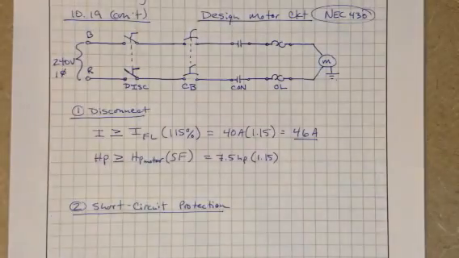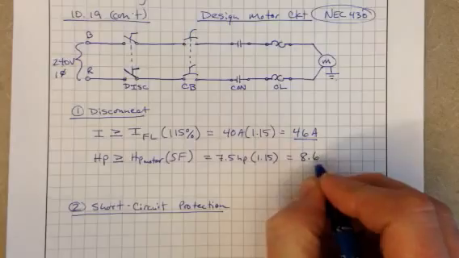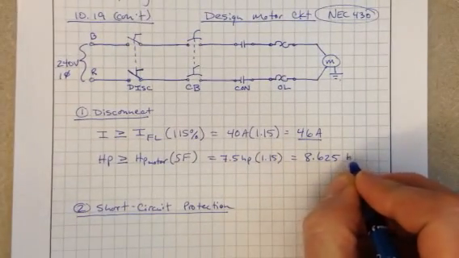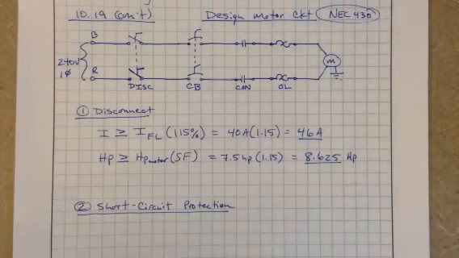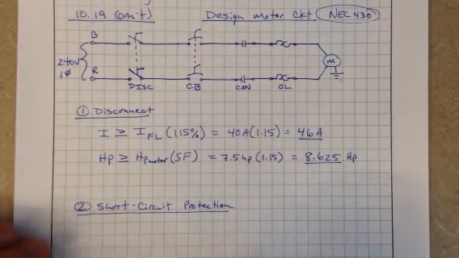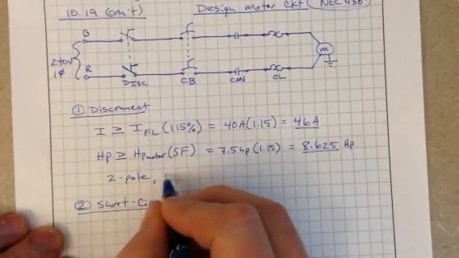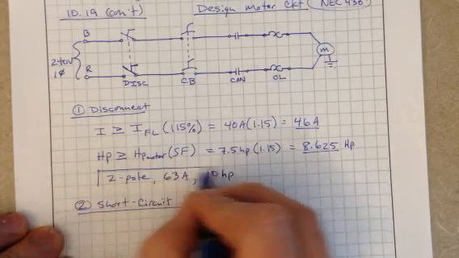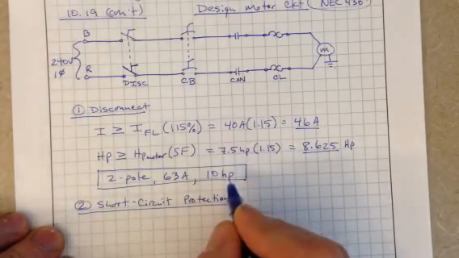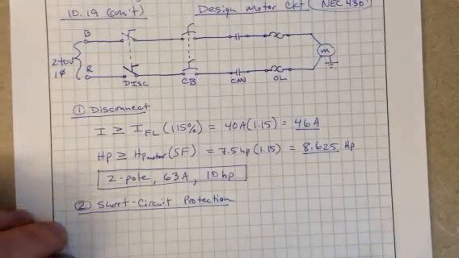So we'll do that calculation, and that comes out to roughly 8.625 horsepower. So we want a horsepower that's at least rated for that. We'll usually go up. Most likely we'll find a 2-pole disconnect rated at 63 amps and 10 horsepower. Most likely you're going to find something in that neighborhood. Really, you just want to get the amperage and the horsepower rating above what these numbers are calculated at.